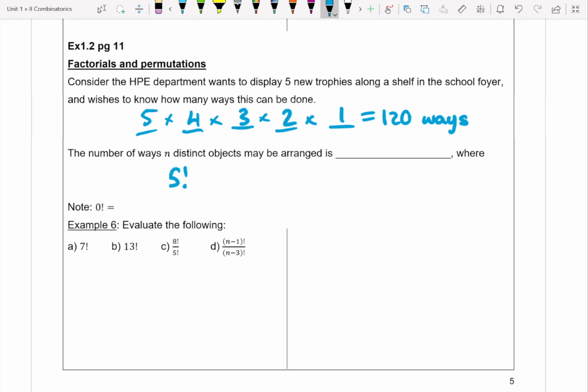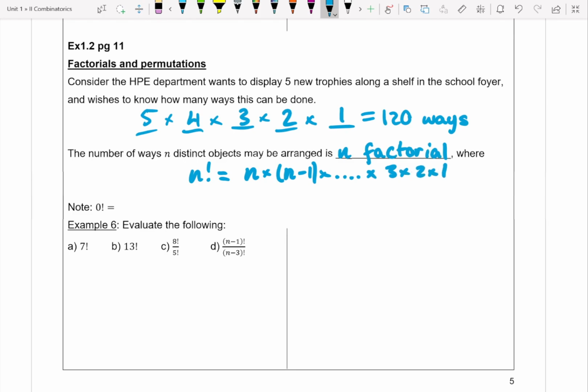So the general case is called n factorial, written as n exclamation point. That's going to be n times n minus 1, and continue on until you get to times 3 times 2 times 1. So that's the product of each integer from n down to 1.